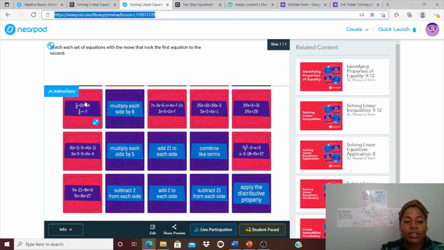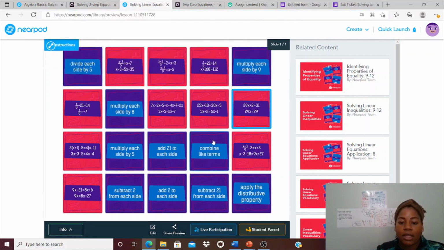So they have the first equation, then they have the second step. Whenever they go to answer, it will let them know if they are correct or not. For example, if I click here and here, it's not correct, so I cannot move on. Here and here, it's not correct, I cannot move on, and so on. That is their own way of checking for understanding as they are working themselves.